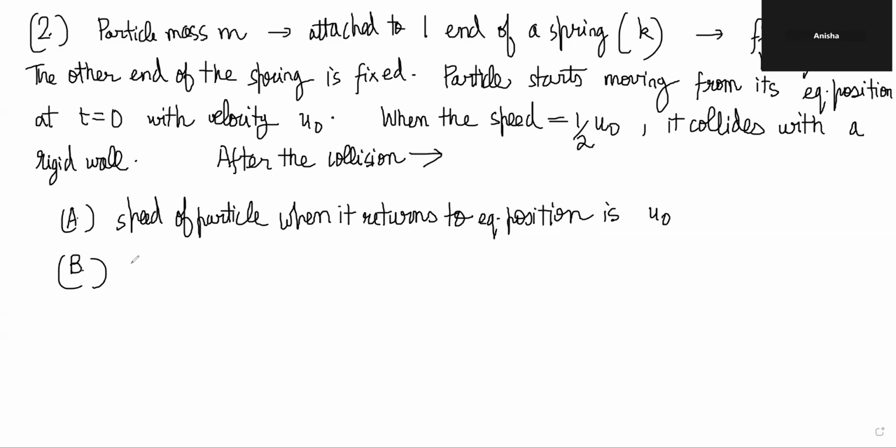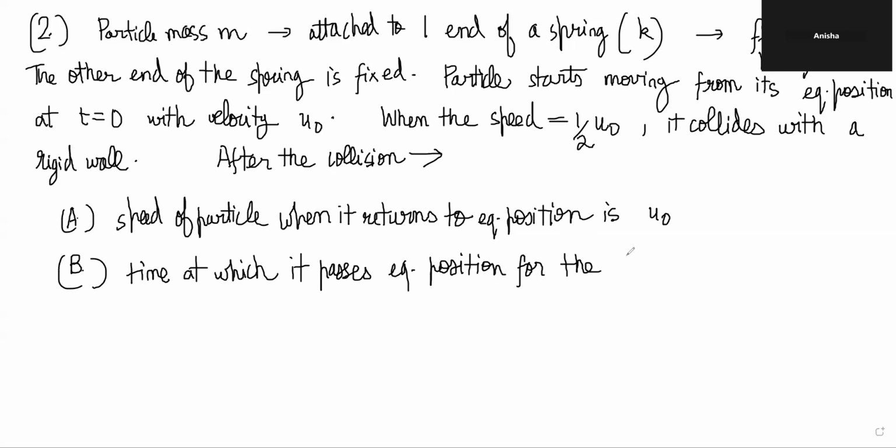Part B, the time at which it passes the equilibrium position for the first time is pi root over m over k.